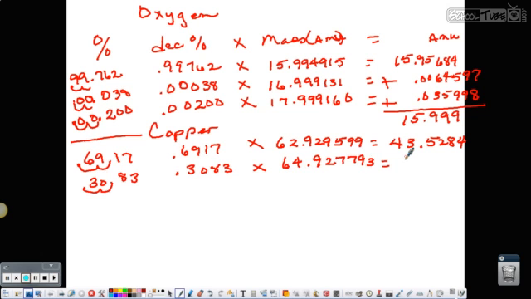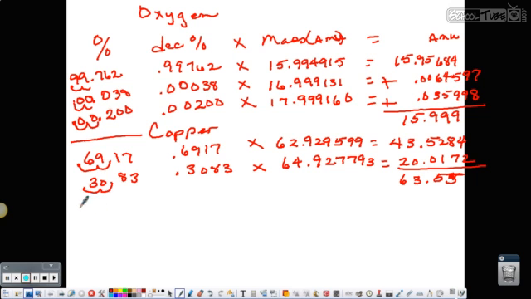When I multiply that, I get 20.0172. Add that up, and we're going to get 63.54, and I don't think this is going to be a 6, so we'll say 5.5. It will round off to be a 5.5, I believe.